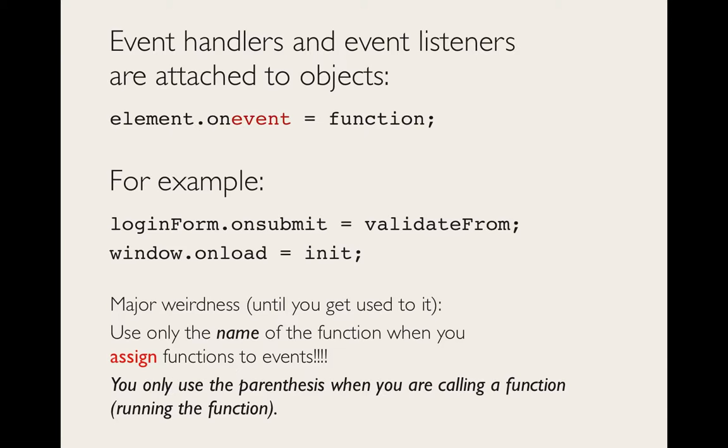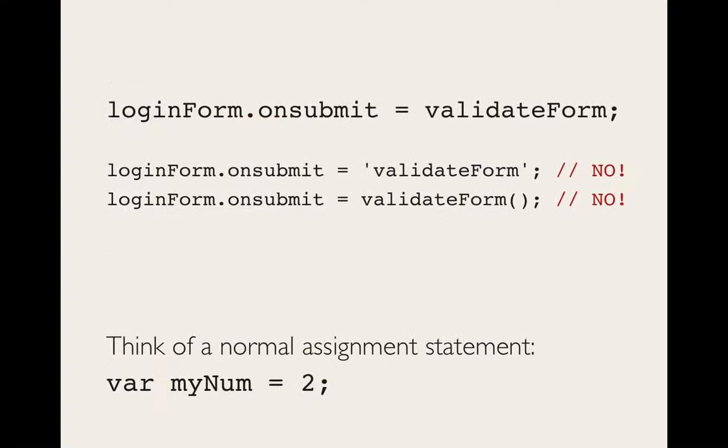You're just trying to put what's in the function and assign it to the event. Only use parentheses when you're calling a function or wanting to run the function. It's a fine point, but it'll trip you up. Sort of like these two things that are pretty common: forgetting that you don't put quotes around it, or using parentheses. Think of it as a normal assignment statement. You're taking a variable and you're putting in the value or copy of the function into the event.